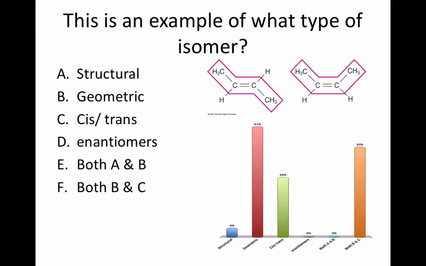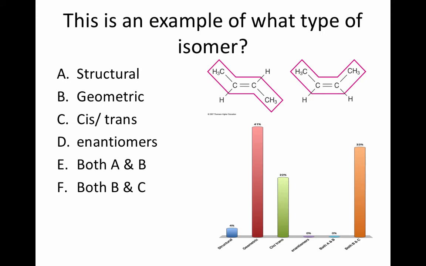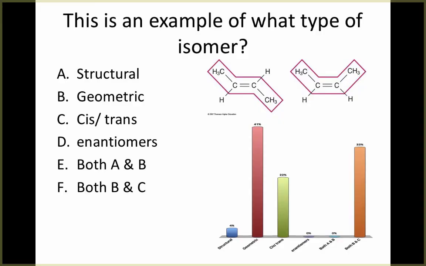So really quick, guys, look at this. This is an example. This kind of tells you what people have thought in the past. It's kind of confusing, right? So let's look here, and I'm going to ask you guys really quick. Think about it. Is this an example of what type of isomer? Is it A, a structural isomer, B, a geometric isomer, C, a cis-trans isomer?